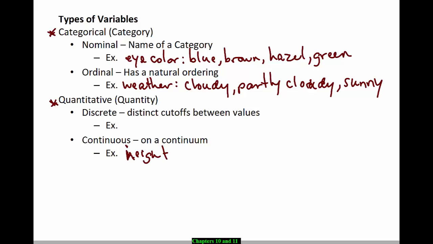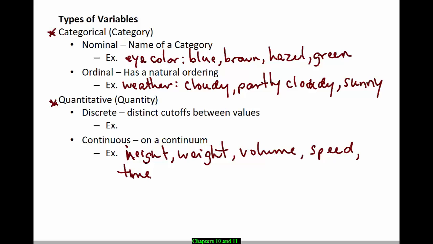Height, weight, volume, speed, time. Even if your time is measured in seconds, you might think of those as whole numbers. But you could, if you had, in theory, a good enough measuring instrument, like a digital stopwatch that went out to infinite decimal places, you could go on and on out to infinite decimal places.